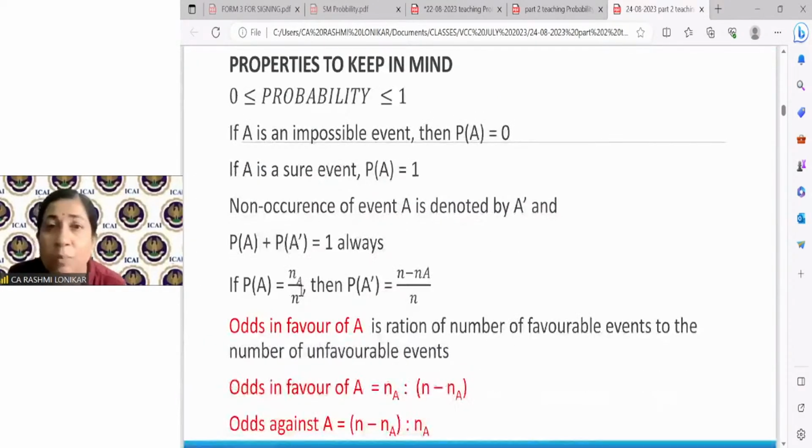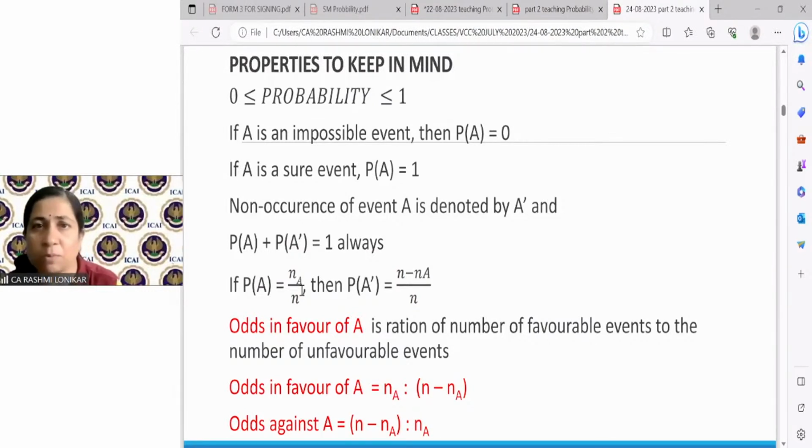What are the properties of probability that you should keep in mind? The probability will always lie between 0 and 1, so it is always a positive number. If A is impossible, the probability will be 0. If A is 100% sure, then the probability is 1. Non-occurrence of the event A is denoted by A dash.